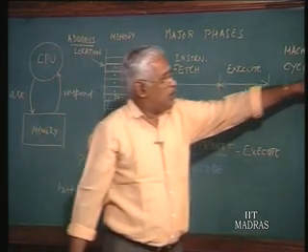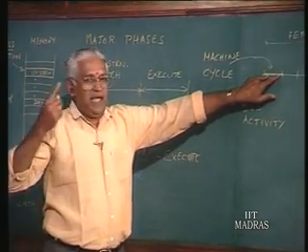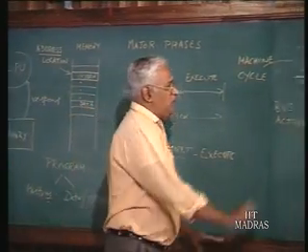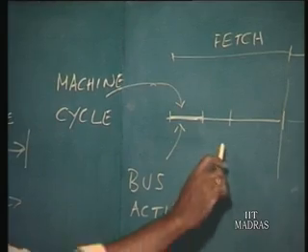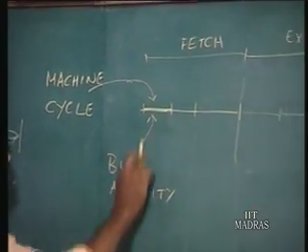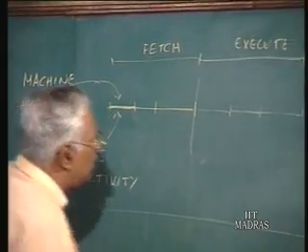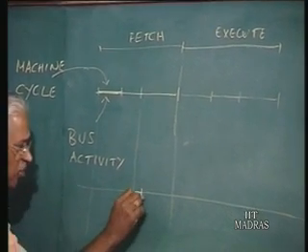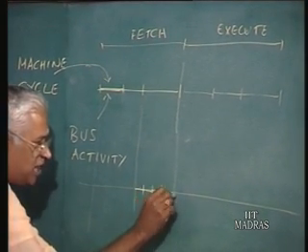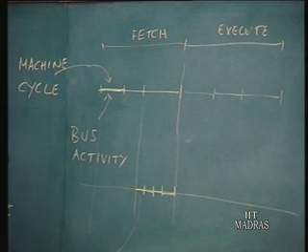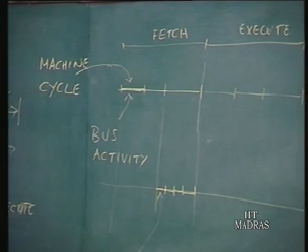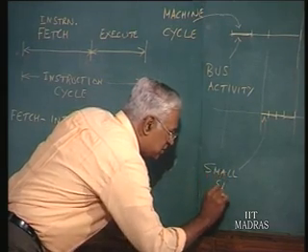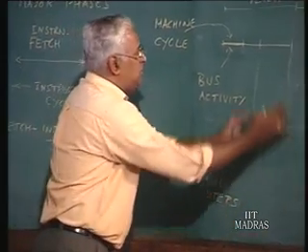In this particular part, the CPU has placed an address and got some information, right, and then each of these can again be split. I will just take any one of these; it is true for any of them also. Some minor activities will be going on, right. I am just showing as if there are 4 minor activities going on in this. These are some small steps in the entire machine cycle.